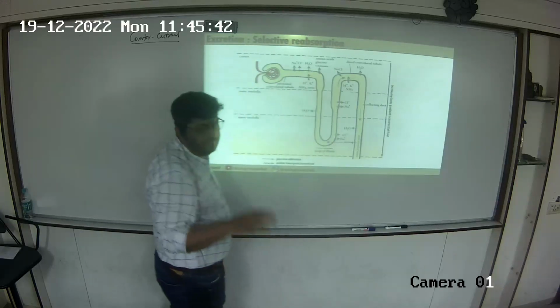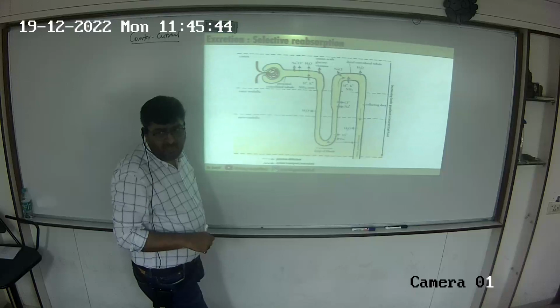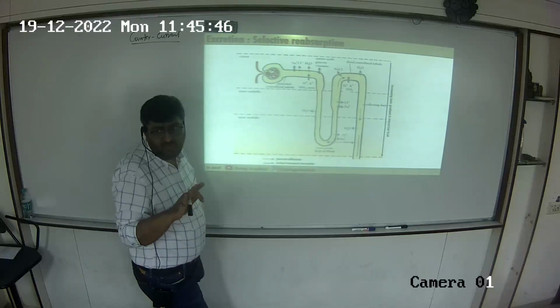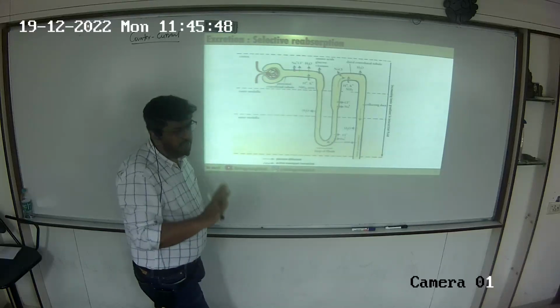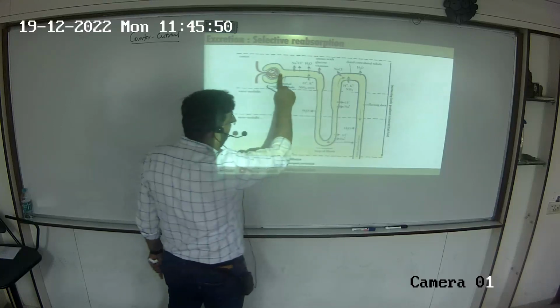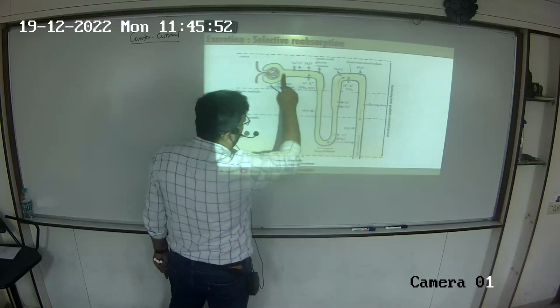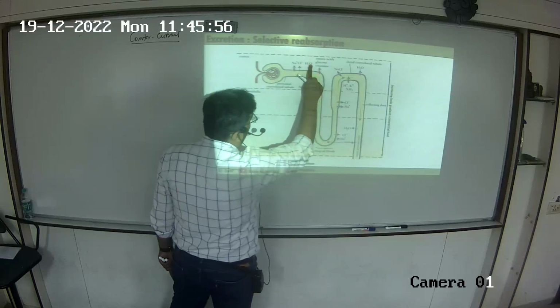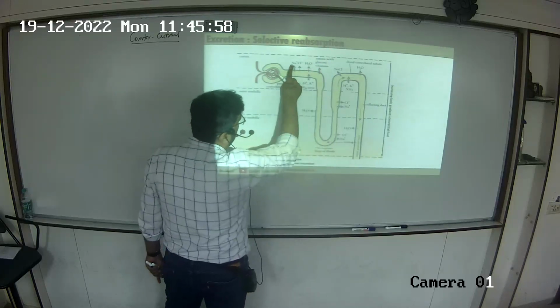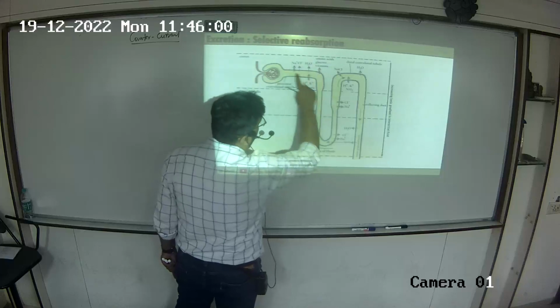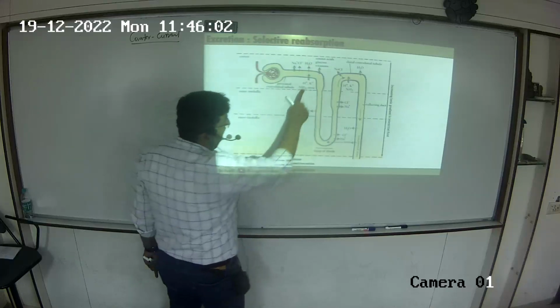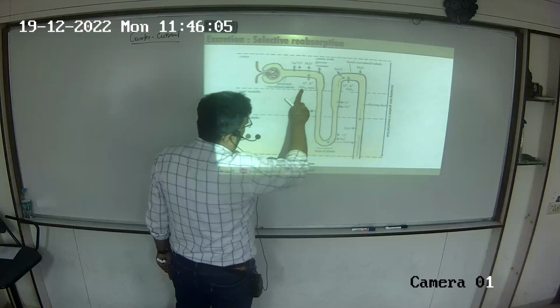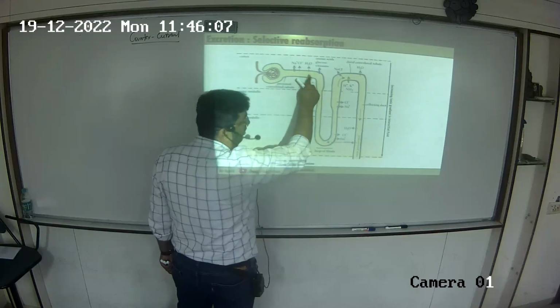If you remember, we studied 3 pressures last time. Right? At the end, the effective pressure was measured at 10 millimeters of mercury, which is causing the filtration to occur. Large volumes are getting filtered here. So glucose, vitamins, amino acids, water, sodium, chlorine, everything is reabsorbed. Whereas we have urea, ammonia, all these being dumped into the filtrate.